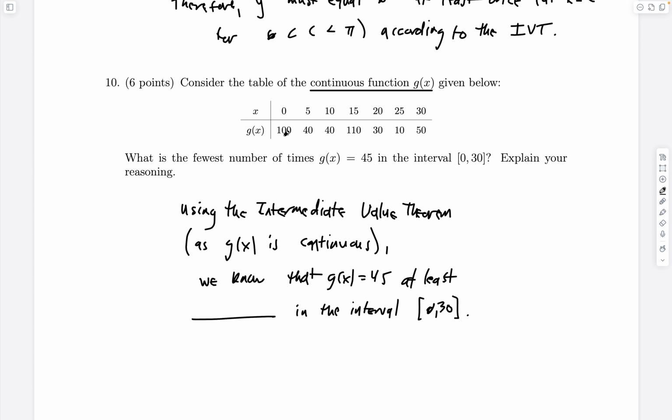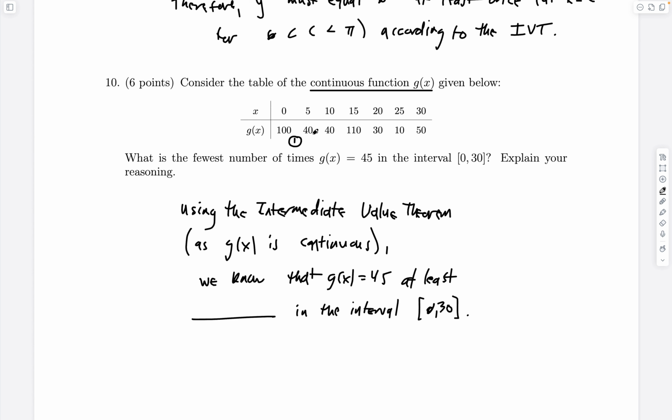So I think about the first block, 0 to 5. I go from a height of 100 to a height of 40. Because it's continuous, I know I have to go through all values from 100 down to 40, which means I would have crossed 45 at some point.